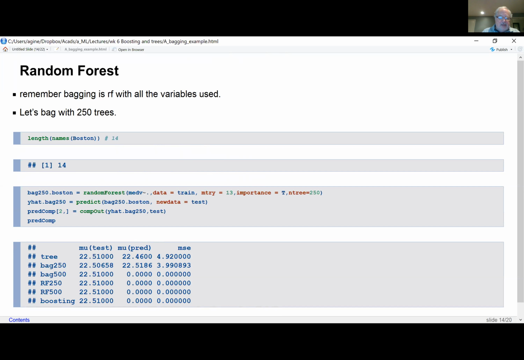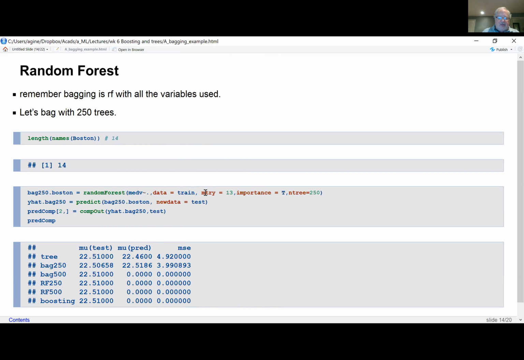Is that clear? No, sorry, could you repeat once again? Yeah. So random forest adds another parameter. If we didn't have this mtry, and we'll talk about importance in a second, this would just be bagging. It would just say, compute the median value against all the other variables, and it's just going to bag the data set.